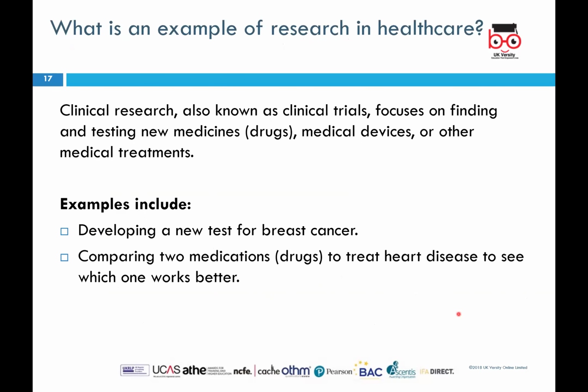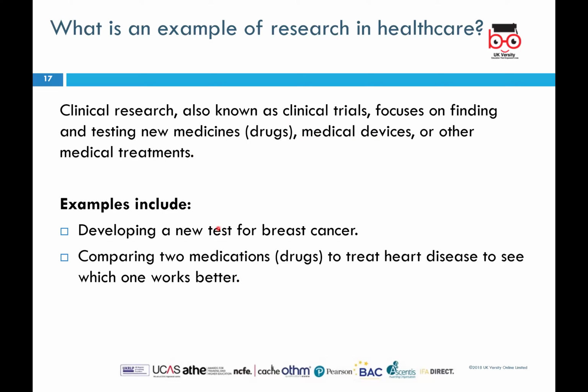Okay, so clinical research, there are certain research topics that we can discuss now. Certain clinical research trials focus on finding and testing new drugs, medical devices, or medical treatments. For instance, developing a new test for breast cancer.